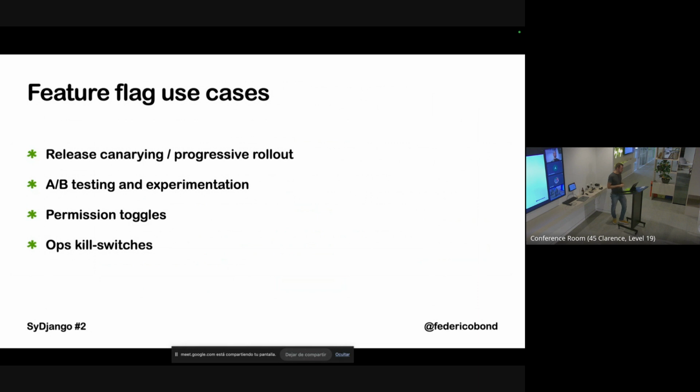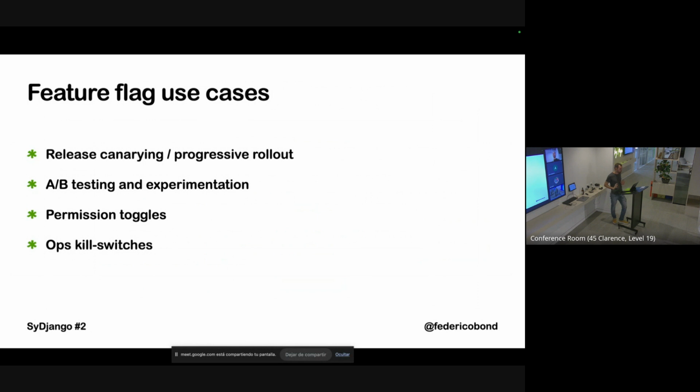Some people use feature flags for permission toggles. So you can use a feature flag for your premium or paid users. What usually happens, and what I've done in my business, is some business user or a premium user is requesting a certain functionality.